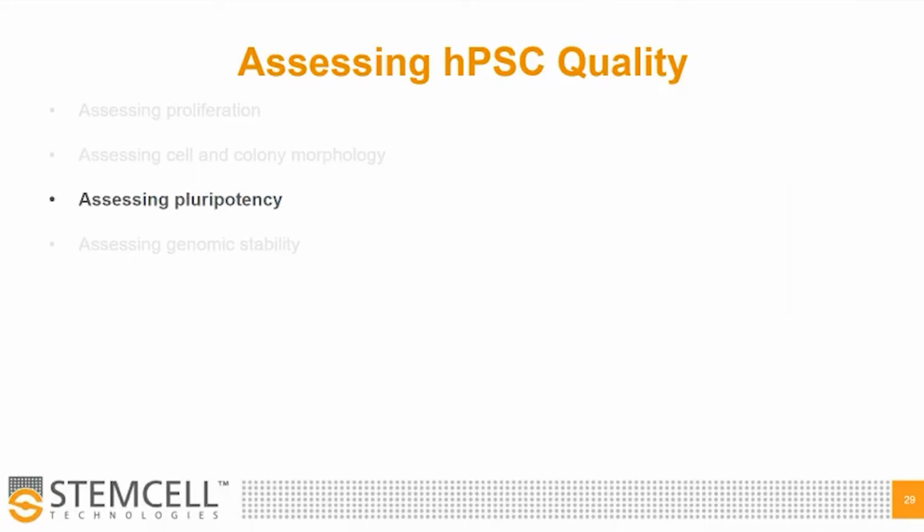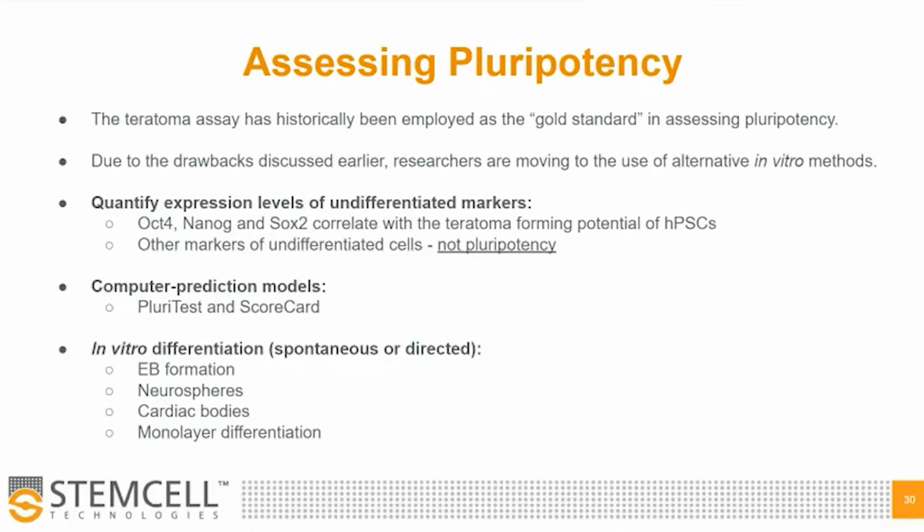Assessing pluripotency. As mentioned earlier, although the teratoma assay has been known as the gold standard for assessing pluripotency, due to the drawbacks associated with it, researchers are moving towards the use of alternative in vitro methods. Some quantify expression levels of markers of undifferentiation.